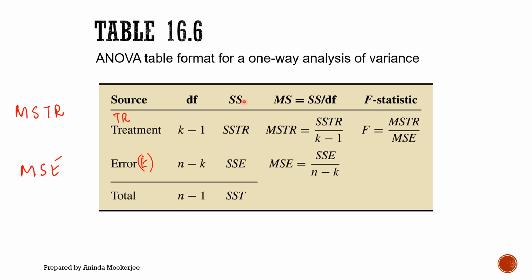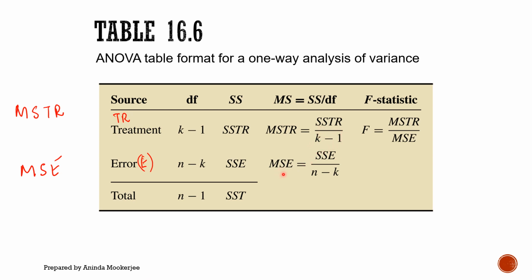Then we have a column named SS, and if it's the treatment, it becomes our SSTR value. If it is error, then it's going to be the SSE value that we found previously from our calculations using the tables. And then we have a column for MS, which involves the SS divided by the degrees of freedom. For MSTR, we divide by the degrees of freedom k minus 1, which is also the numerator parameter of the DF.